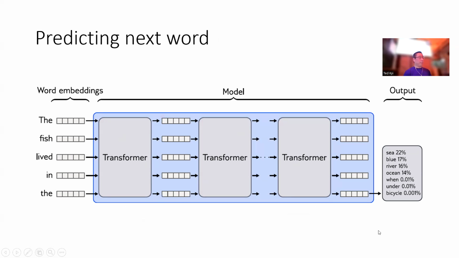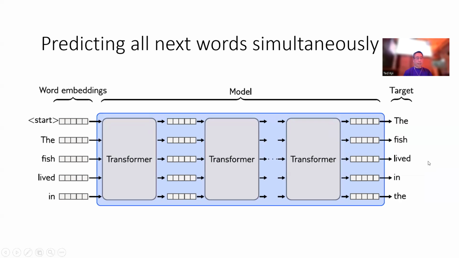If you're clever, you can realize that while we're training, the model does have outputs for every single word. So even though we only care about the last one, we can read out what it predicted would come after the word "the," and what it predicted after "fish." So when we're training the model, we can calculate loss over all the predictions all at once.